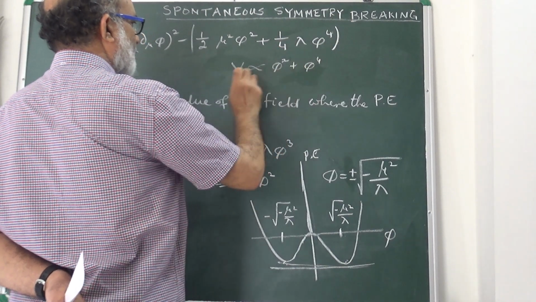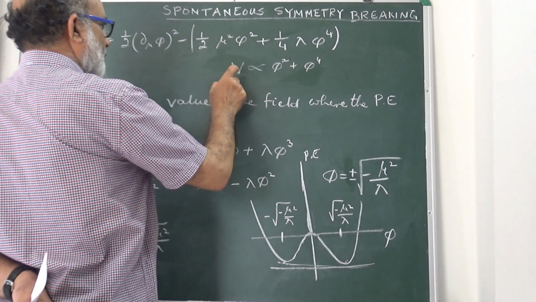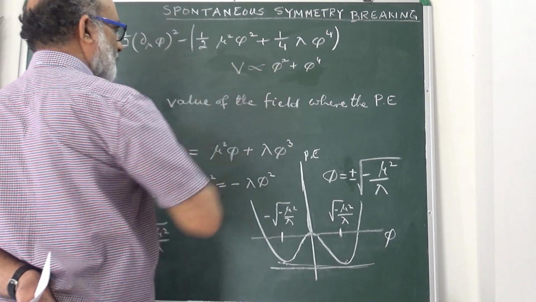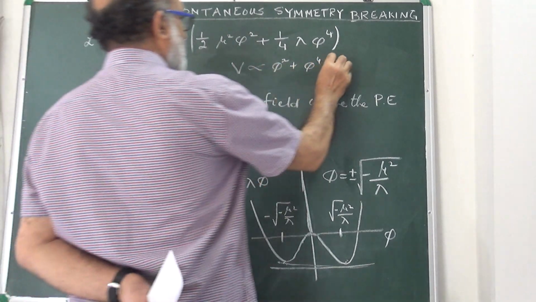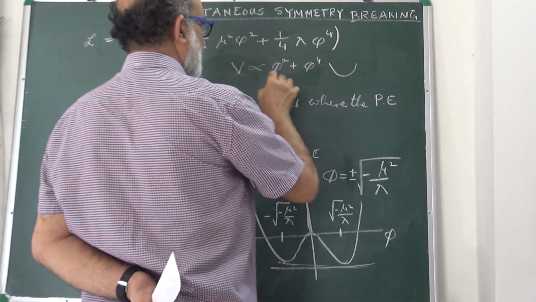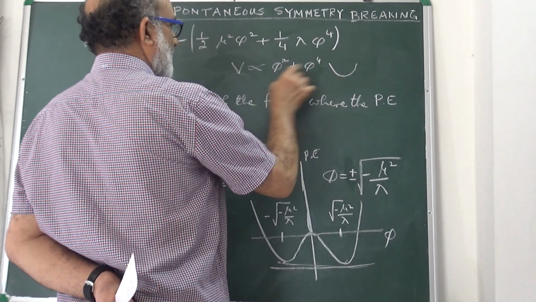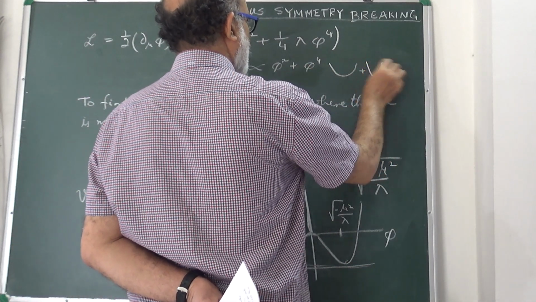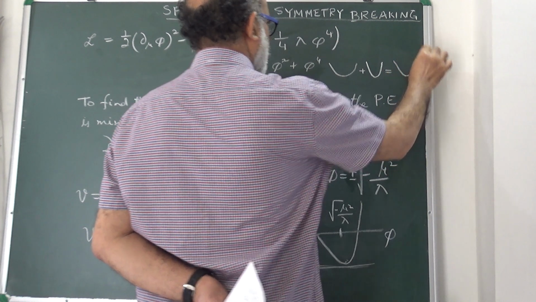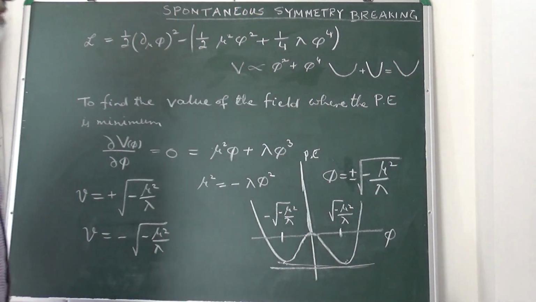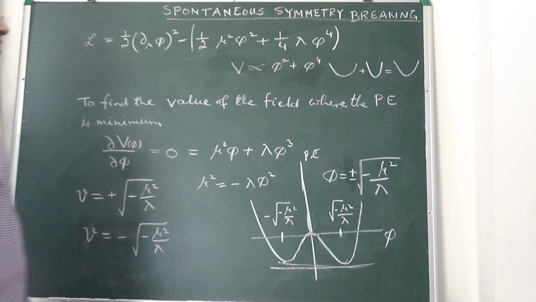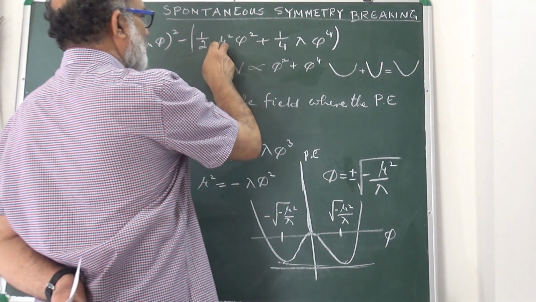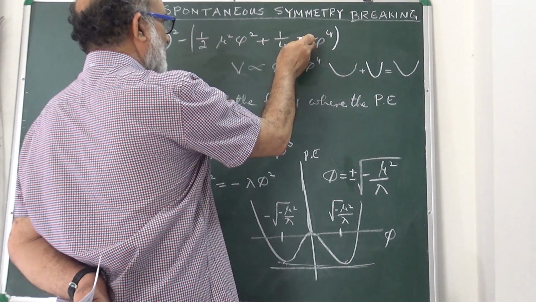And you plot the graph of the variation of the potential with the field phi. This gives you a phi squared type graph, and this a phi to the 4 type, and if you add them up, it will again be a parabola. So this we have done if you take mu as positive and lambda as a scalar number.